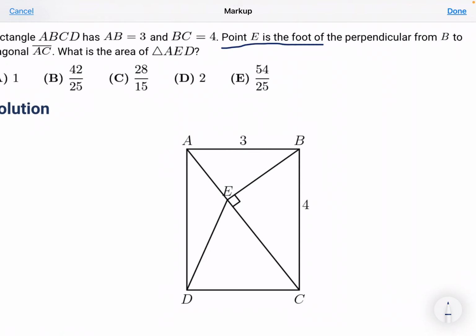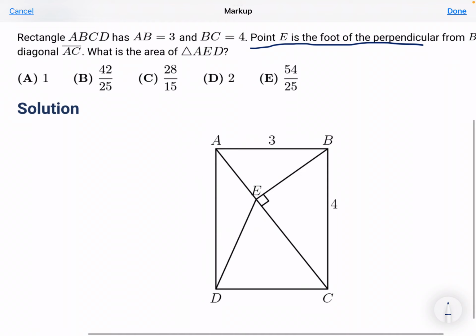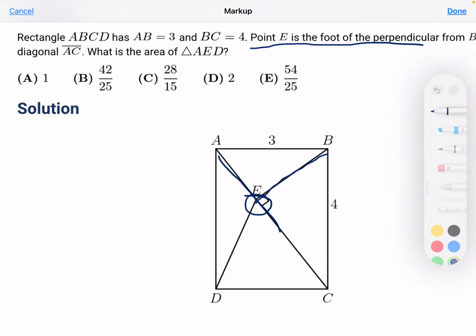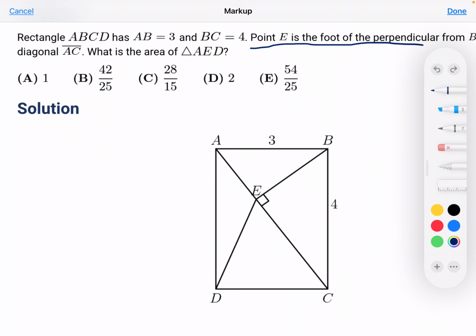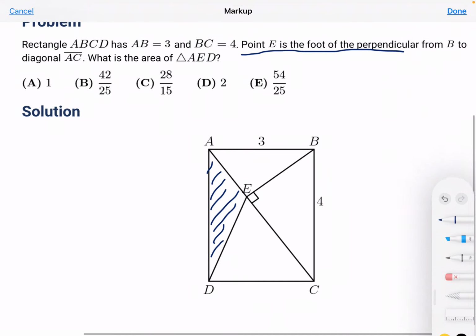Point E being the foot of the perpendicular just means where the perpendicular from point B touches diagonal AC. That would be point E. And we're looking for the area of AED, which is this area over here, shaded by me.